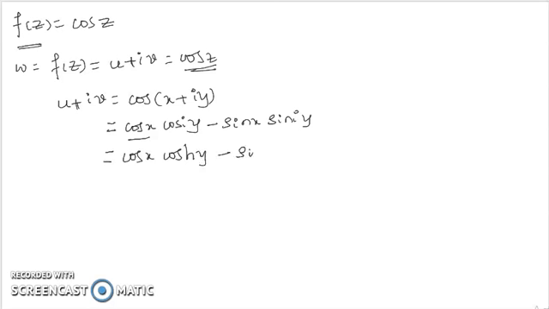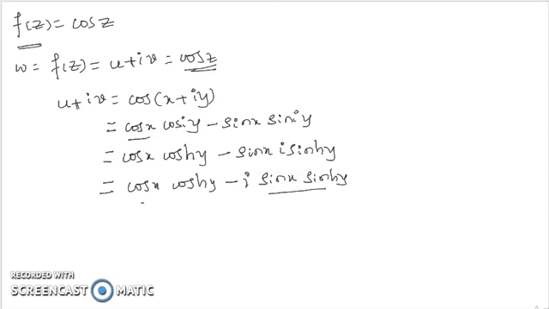Minus sin x as it is, and sin i theta I can write as i sin hyperbolic theta, so i sin hyperbolic y. Now if I rearrange the terms: cos x cos hyperbolic y minus i sin x sin hyperbolic y.